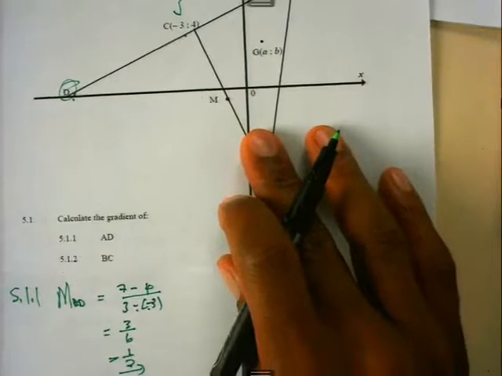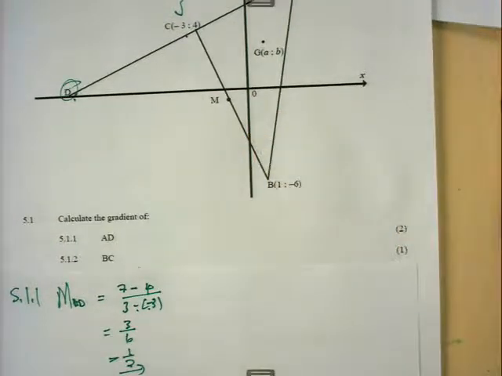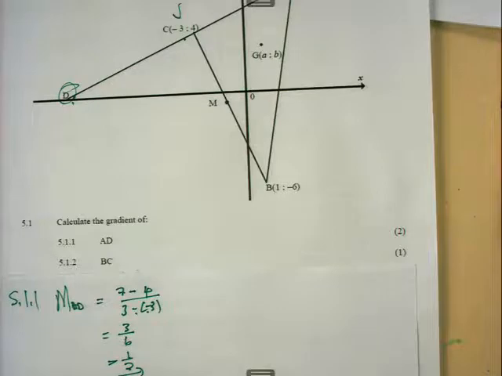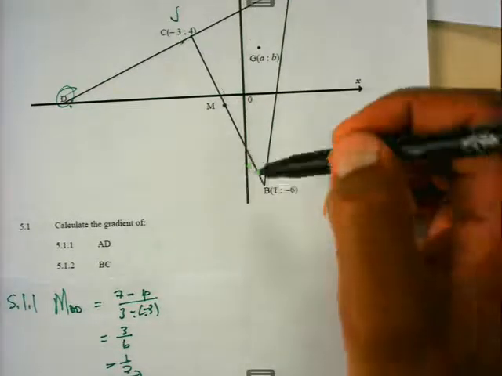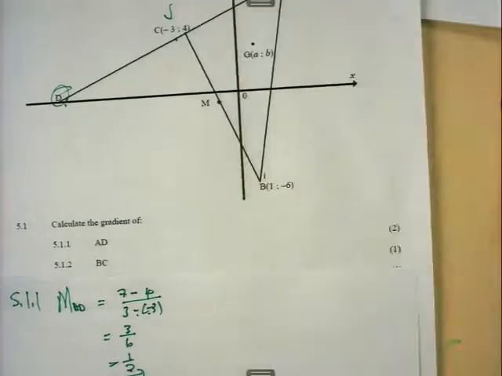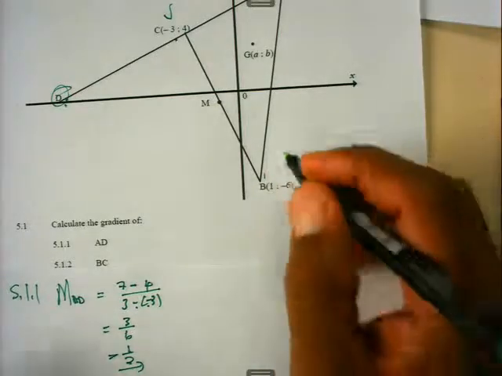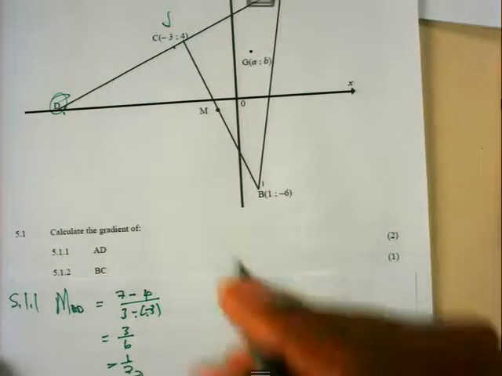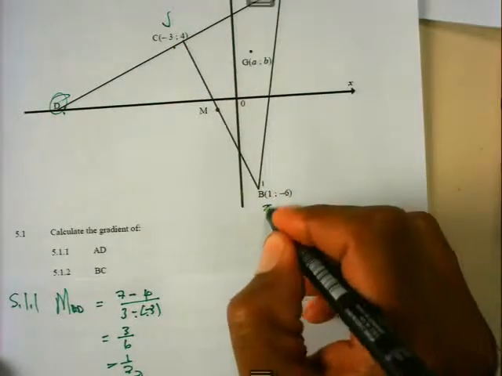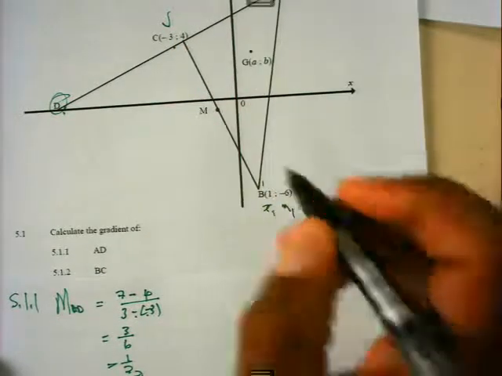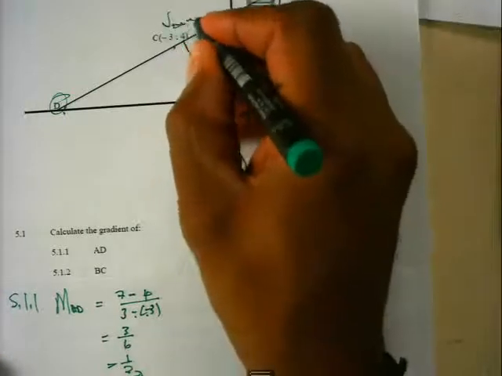The next question says determine the gradient of BC. Where is BC? Here is BC, right? You can see the BC there. Do we know the coordinates of B? Yes, we have the coordinates of B as well as the coordinates of C. Of course, now I can say x1, y1, and now x2, y2.